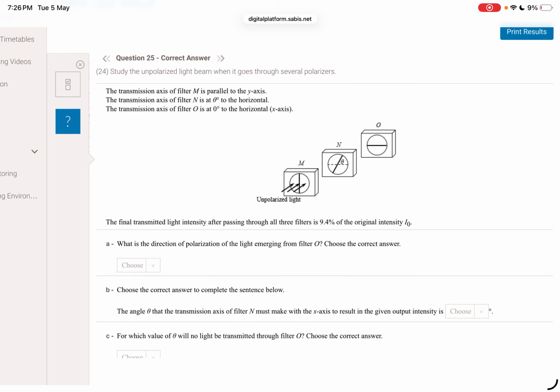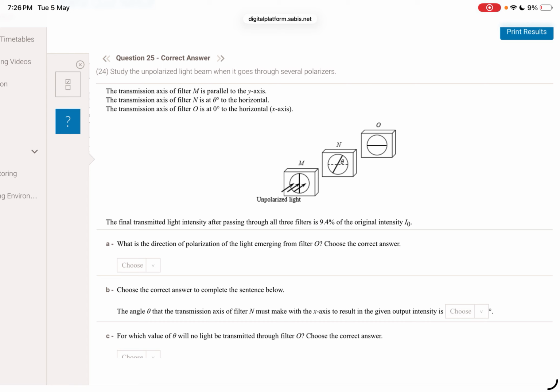They said, what is the direction of the polarization of light emerging from filter O? So what's given is what I just said, and the intensity after the 3 filters, they said, is 9.4%, which is 0.094.